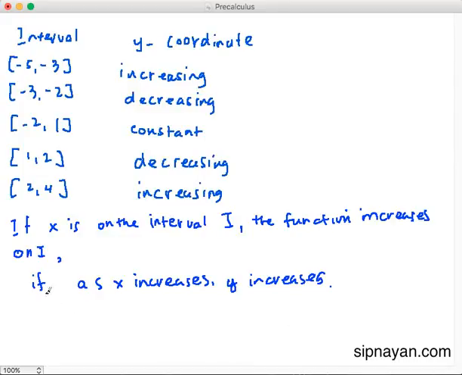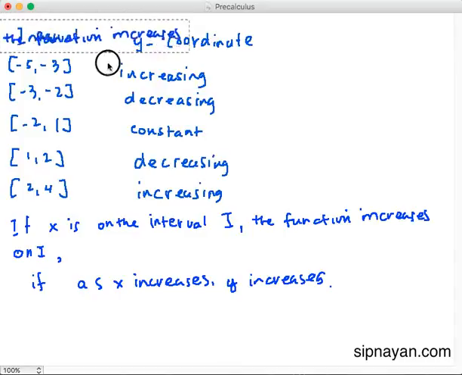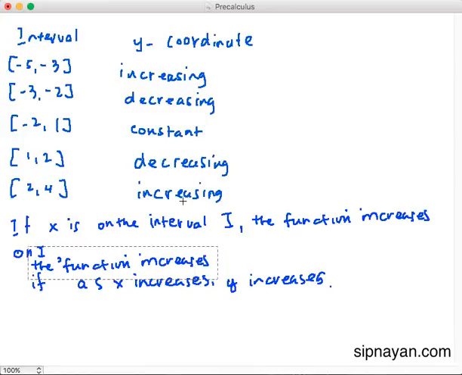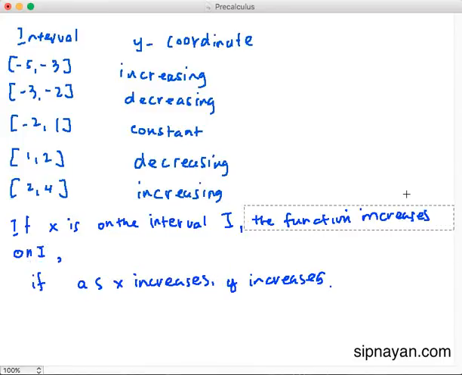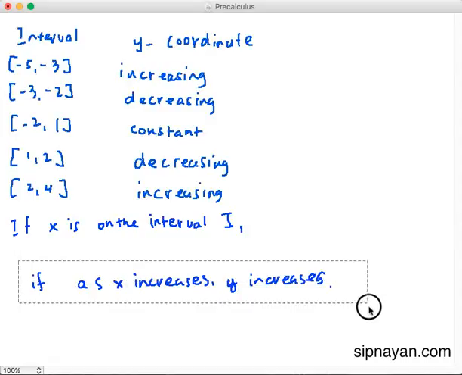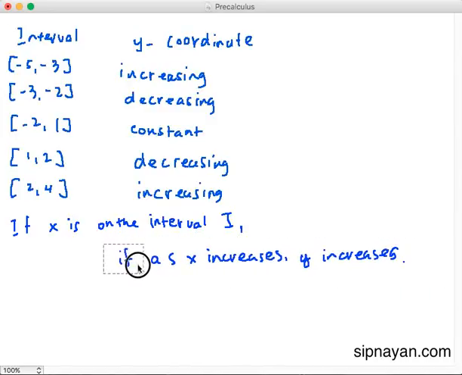So the function increases on I if as x increases, y increases.